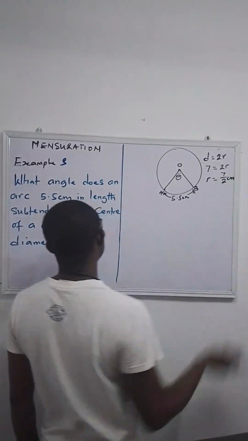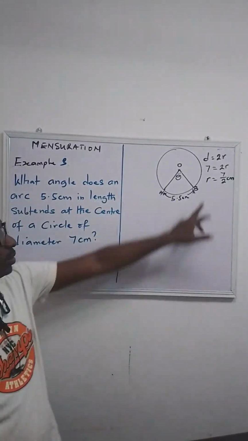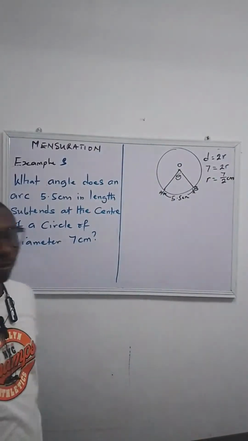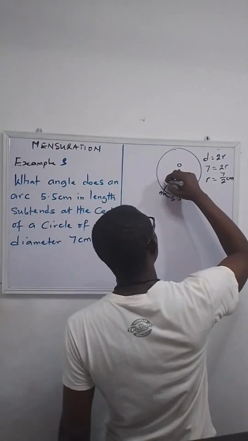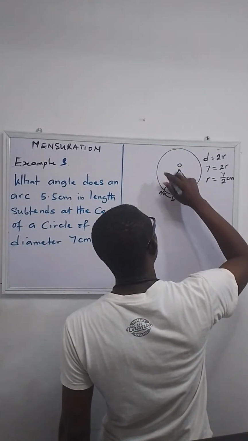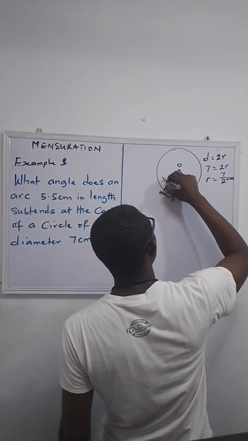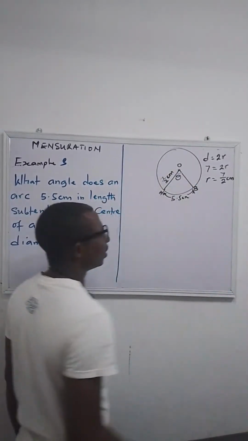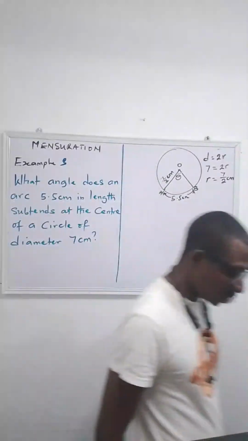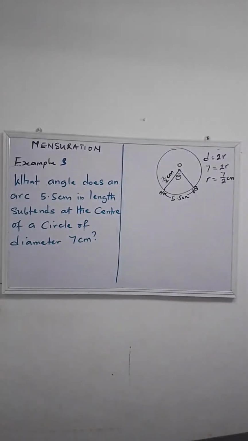So that's going to be in centimeter. So that means the radius is 7/2 centimeters. So now is there anybody with the answer before I start? Any person? Okay, nobody. All right. So now let's go on.